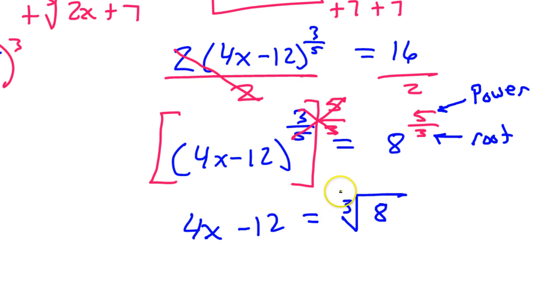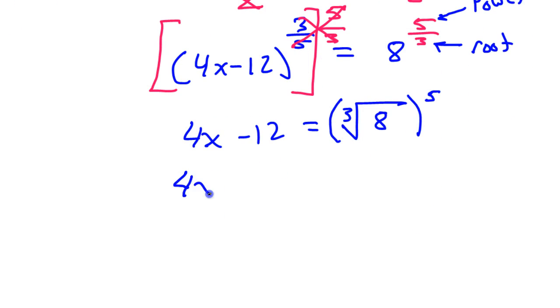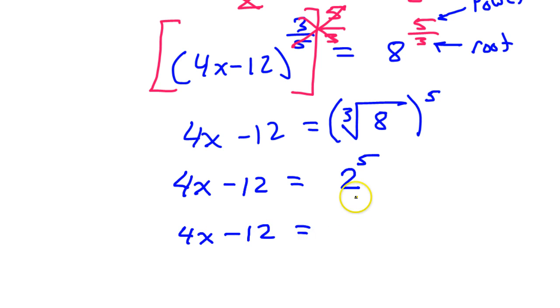And then the 5th power I will put on the outside. So this is what we're dealing with. So that means we have 4x minus 12. Now the cube root of 8 is 2. And then we've got that 5th power. So that makes 4x minus 12 equals 2 to the 5th power, which is 32.